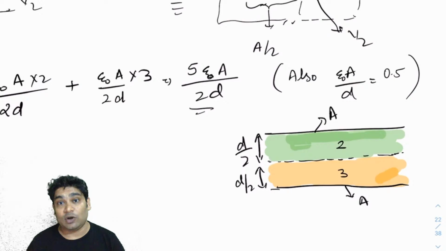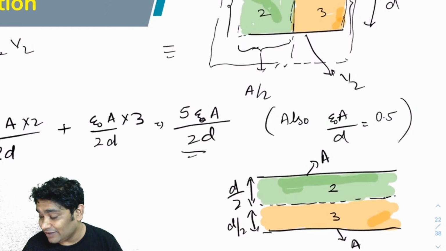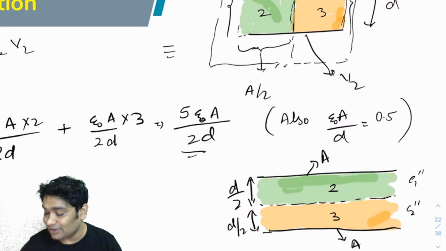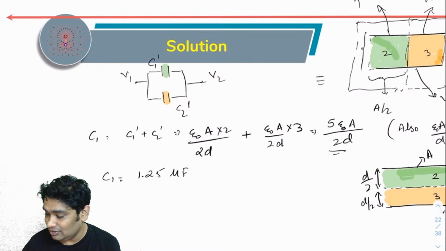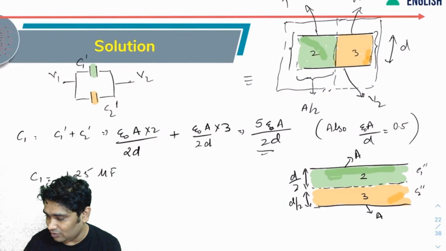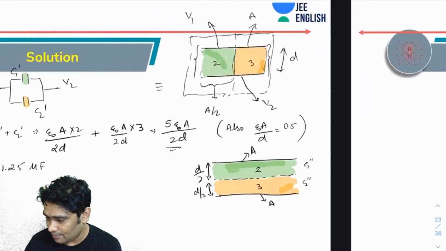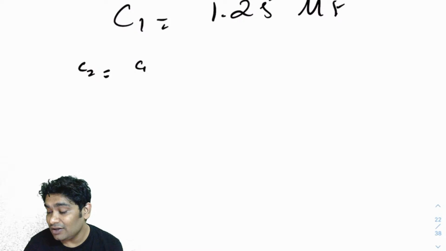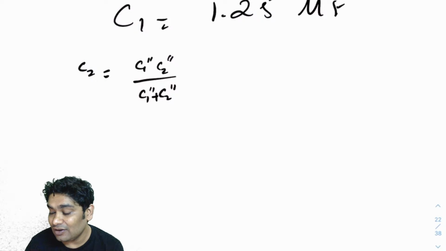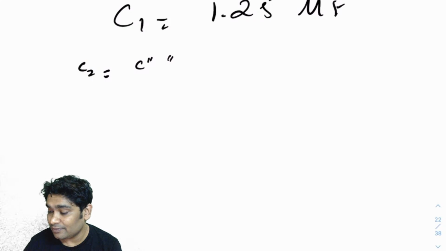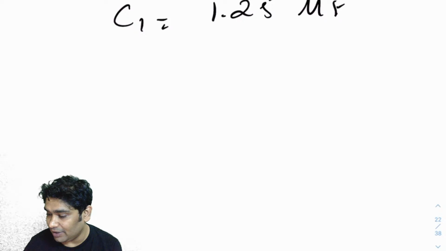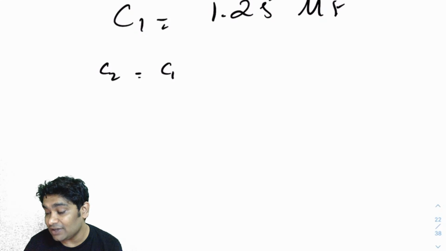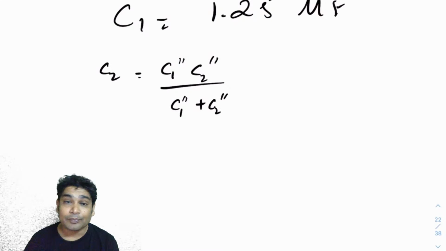Now this is a series combination. So I can now write this. If this is C1 double dash, this is C2 double dash, then I can write my C2 as C1 double dash, C2 double dash over C1 double dash plus C2 double dash.